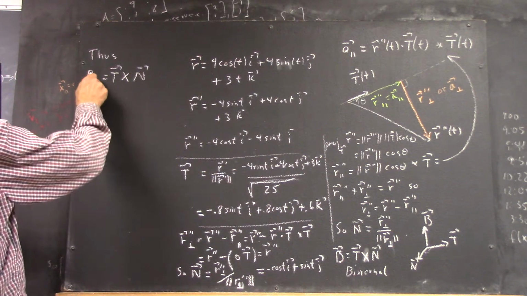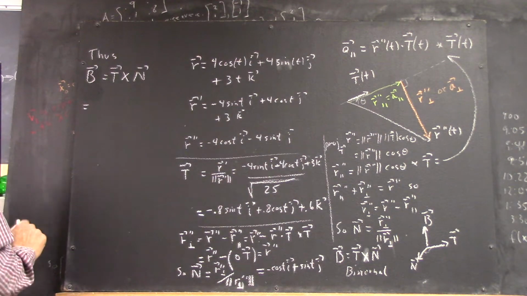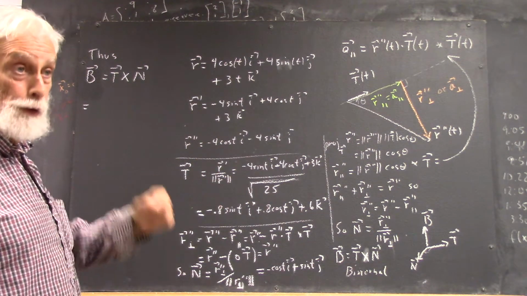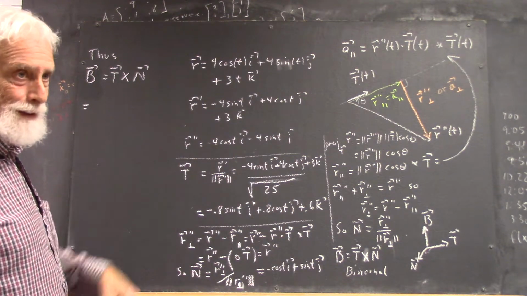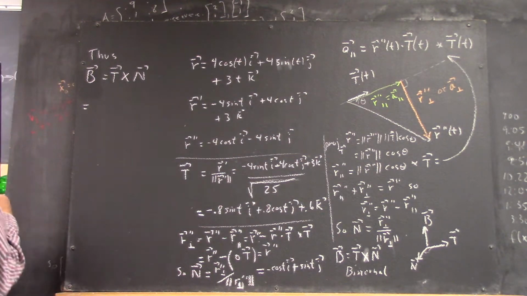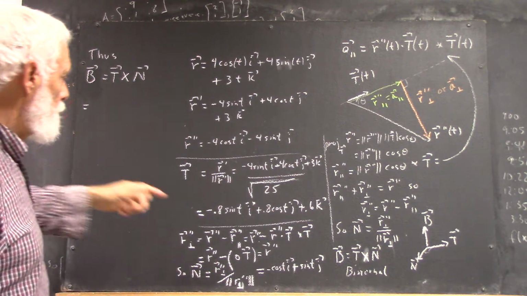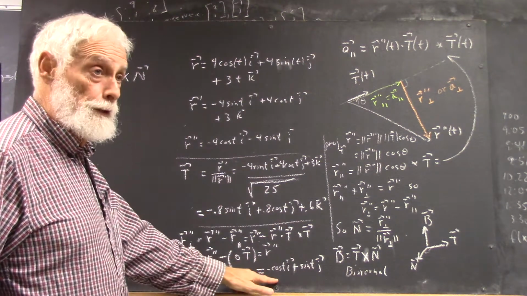Your unit binormal, and generally we don't contemplate anything but a unit binormal, so usually when you talk about the binormal vector, you're talking about a unit vector. Is T cross N. Well, there's your T, there's your N, right?